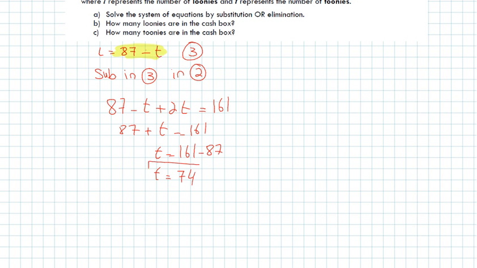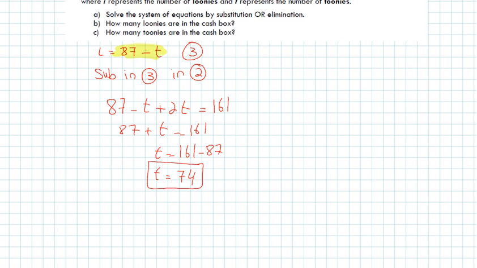That means I have what? 74 toonies. How many loonies do I have? How can I find how many loonies I have? Plug in T to the original, or not the original, but the remade. I can plug in T here, right?